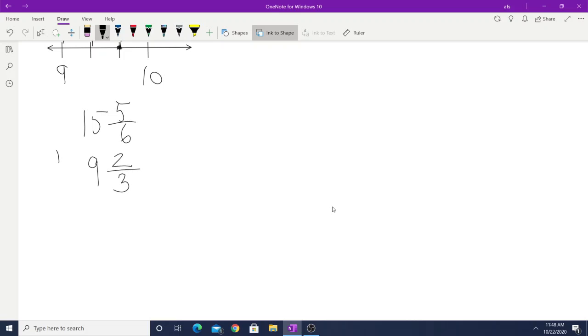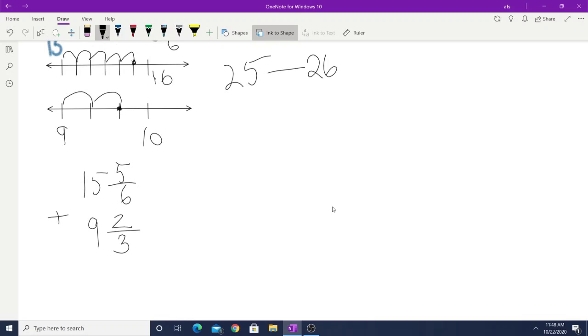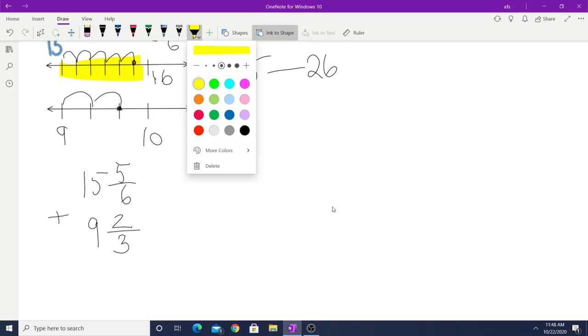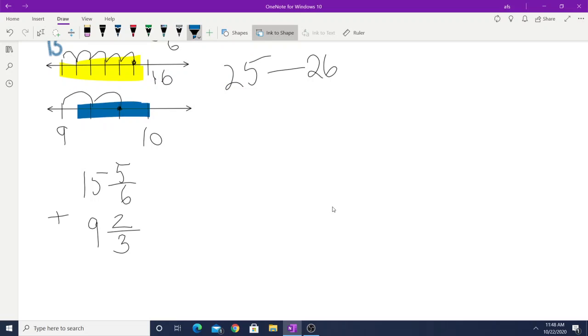Now, we are working from right to left, so we focus on our fractions first, but I really cannot add or subtract these fractions just now because the top one is a fraction with 6 equal portions, and you can see that I'm highlighting it in yellow. Everything is in 6 equal portions, where the bottom one, I'm going to highlight with blue. As you can see, it's only 3 equal portions.